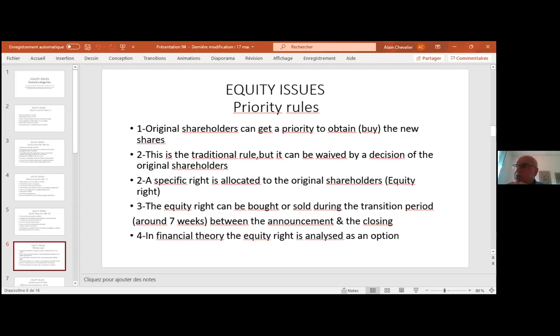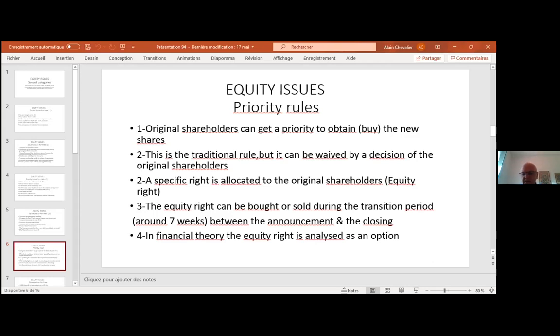What you can do with an equity right, under certain parity circumstances or rules, is obtain a new share in the issue for free, or if you bring the equity right or several equity rights plus cash, you can get a new share in the second case, which is the equity issue for cash.